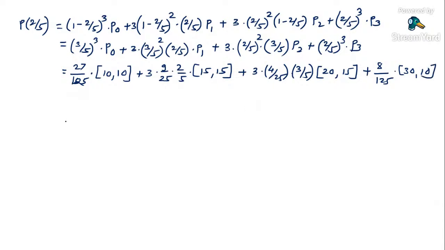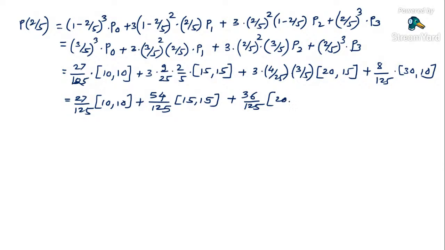Now simplify again: 27 by 125 (10, 10) plus 54 by 125 (15, 15) plus 36 by 125 (20, 15) plus 8 by 125 (30, 10). Now do the calculations separately for x.